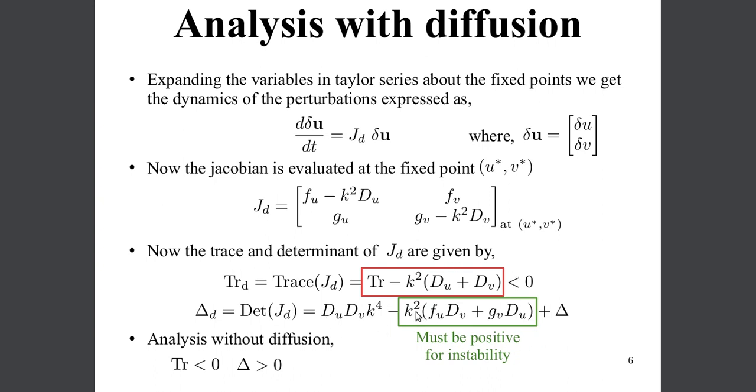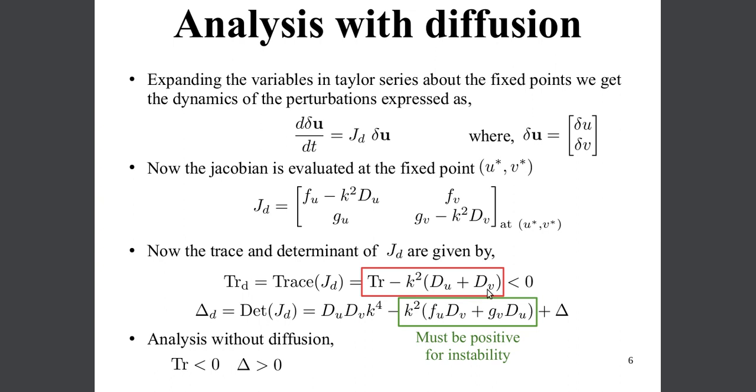Now you can focus on this trace term. So what was my trace? The sign, this was negative from the analysis without diffusion. Now trace is negative, and this minus k square (du + dv). So du is positive, dv is positive, k square is positive. du is a diffusion, so it must be positive.